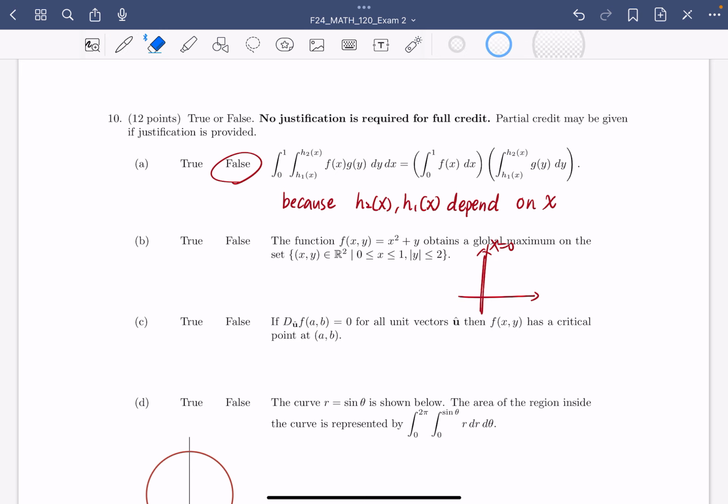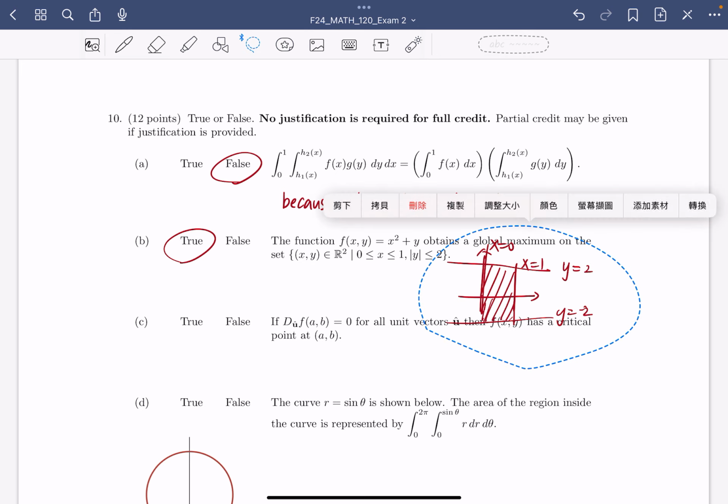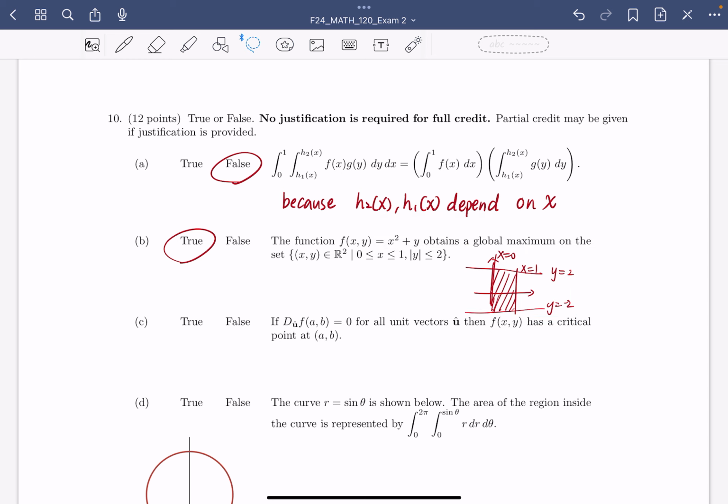Okay, perhaps we have to draw this closer. And y is less than 2, so y equals 2, and maybe y equals minus 2. So we're in this region, which is clearly closed and bounded, so it attains a global maximum. Okay, good.